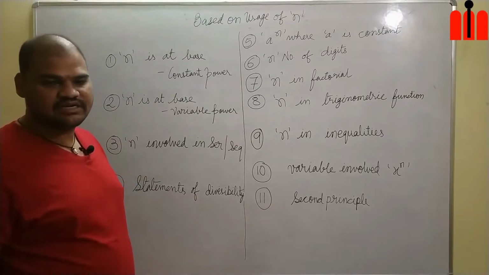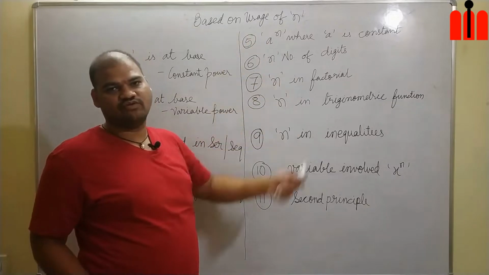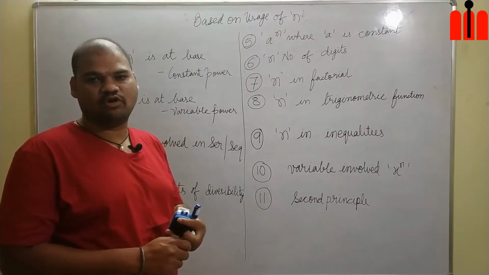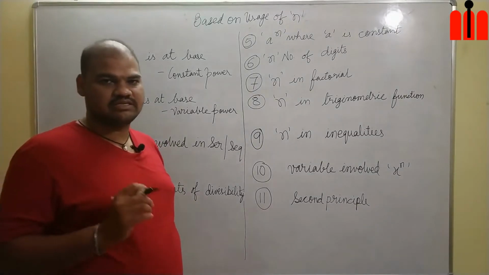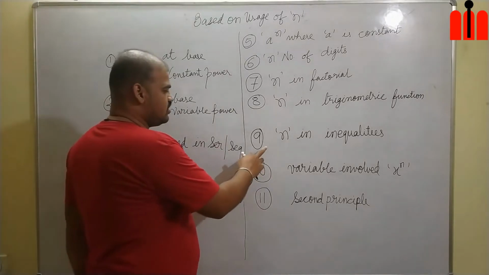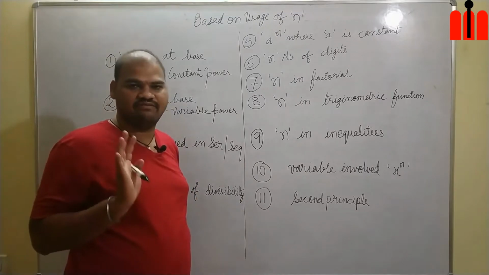In Detailed Explanation Class 2, we discussed the next four categories. Now, in this class, we will be discussing category 9, category 10 and category 11.